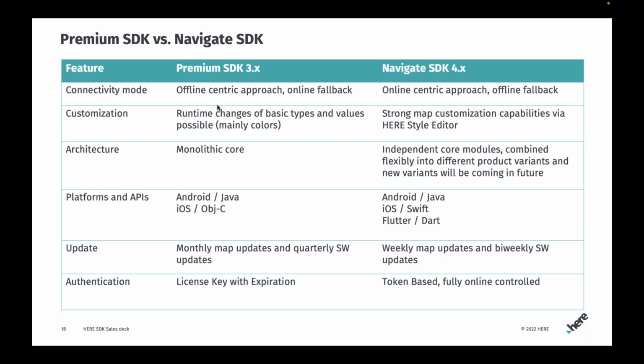And Rajesh, this is me again chiming in, but for those who probably don't have that in mind: when you use Premium SDK 3 and you're using the latest APIs, you might have discovered that the data behind is not always the same, because the Premium SDK might not be updated as frequently as the services.